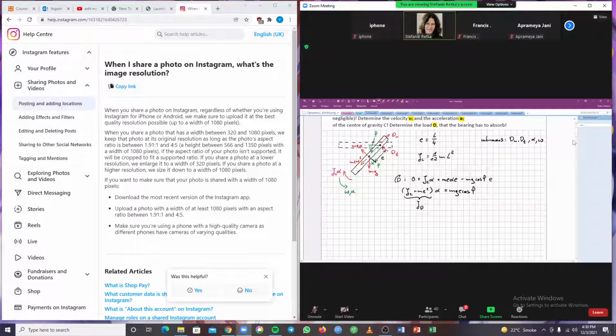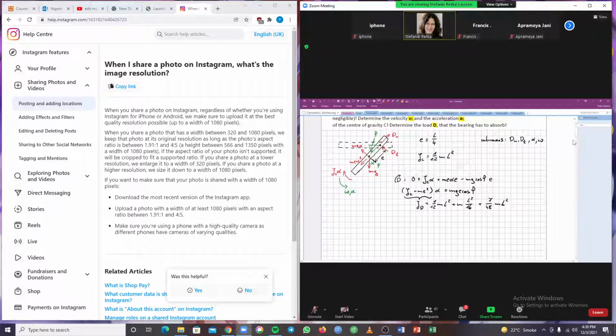Okay, so JC is 1 over 12 m L squared, and E squared is L squared over 16, 4 times 4. Then this is 7 over 48 L squared.